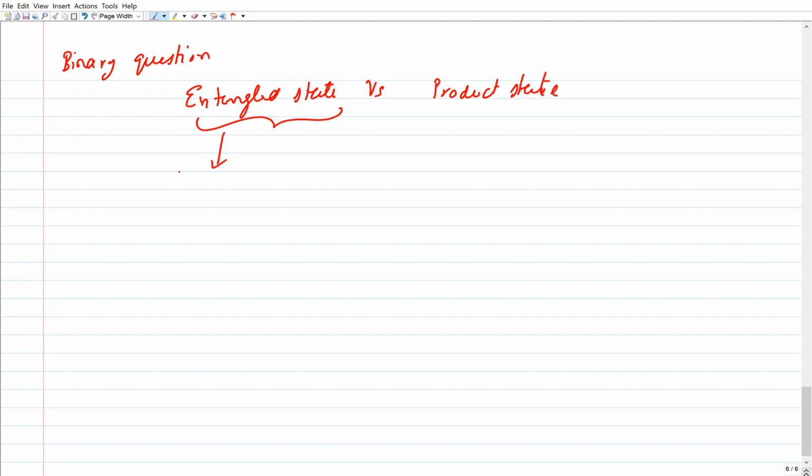So the next question which arises is that, okay, we've answered a binary question, entangled state versus a product state. Now, among entangled states, how do I quantify the amount of entanglement?